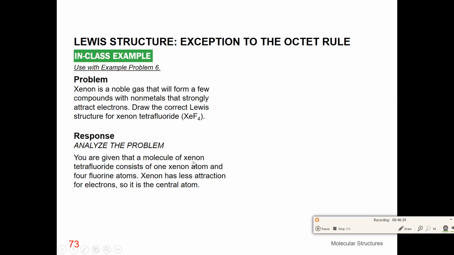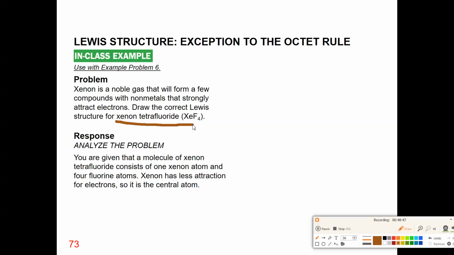Here's an example of the expanded octet, xenon tetrafluoride. We know xenon is a noble gas. It already has 8 valence electrons, right?